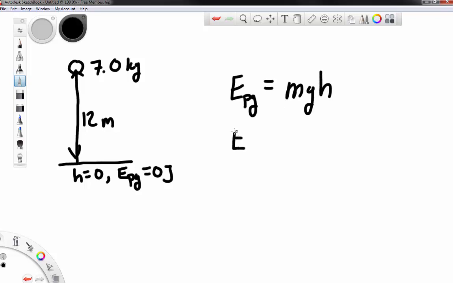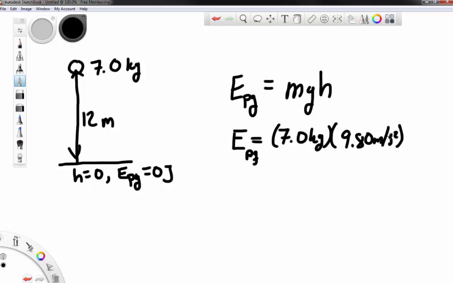So this potential energy is going to be equal to 7.0 kilograms times 9.8 meters per second squared times the height, which is 12 meters. The initial problem is actually 12.0 meters, so I'm going to keep that significant figure there, even though I didn't label it on my diagram.